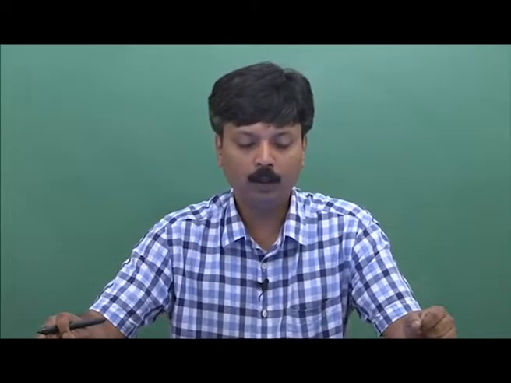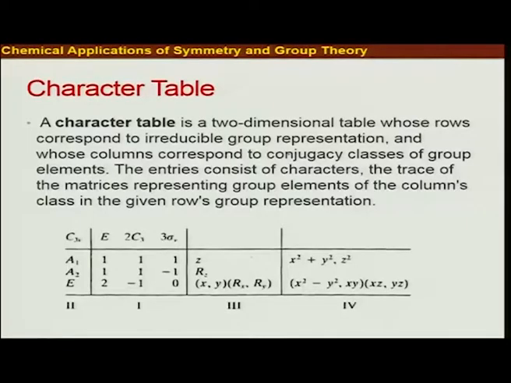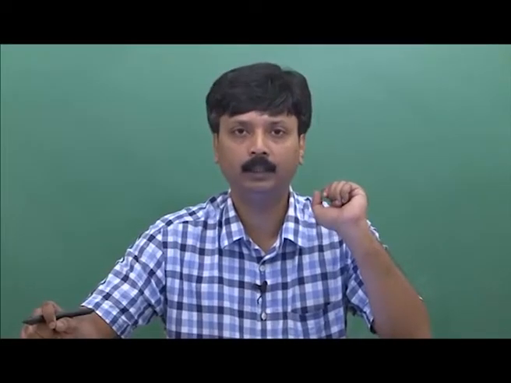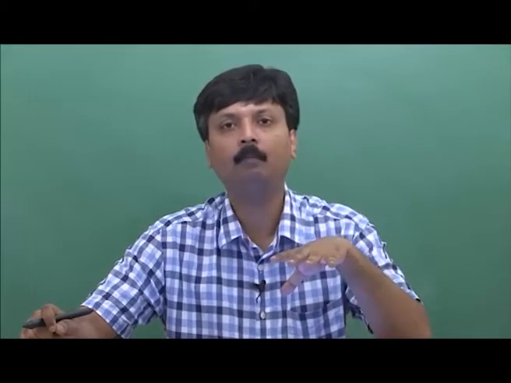We also learnt about the table constructed for any given point group, called the character table, which contains the exhaustive list of irreducible representations that particular point group can have. We learnt in detail about the character table.